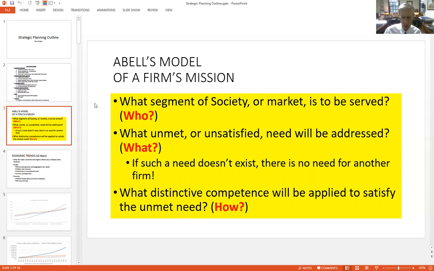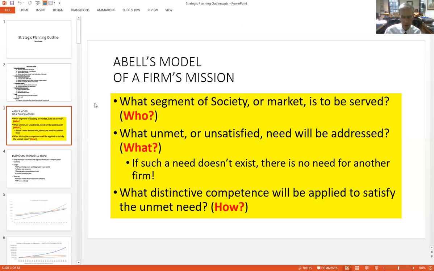So the first question we have to answer is just what segment of society does the firm undertake to serve? And although that seems like a simple question, it turns out sometimes not to be so simple.